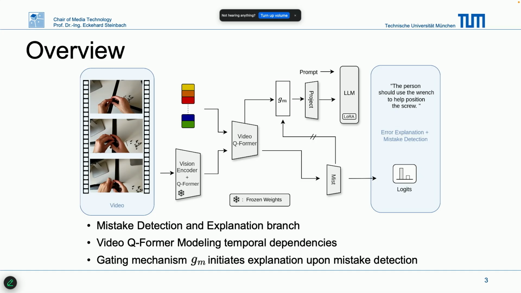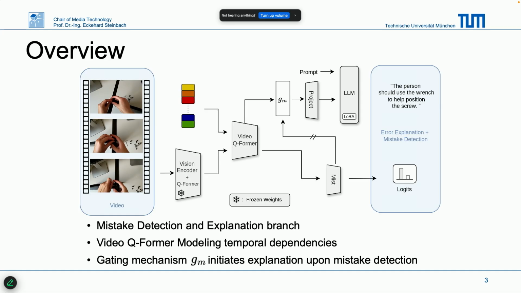Then we pass these features into another Q-former that extracts the temporal dependencies between multiple subsequent frame-wise features. Here the colored squares indicate the learnable queries.